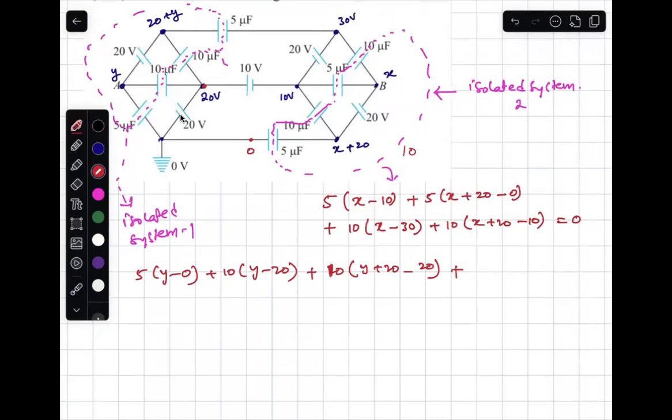Yes, 5 is left somewhere. We left that out, but we should not leave it just because it is far away. Therefore, that is 5 into 20 plus y minus 30. This is equation 2. This is equation 1.